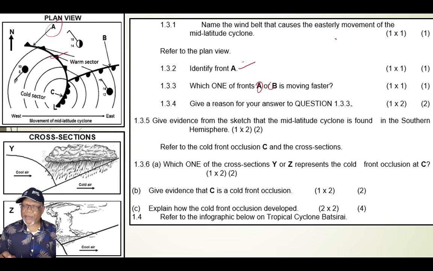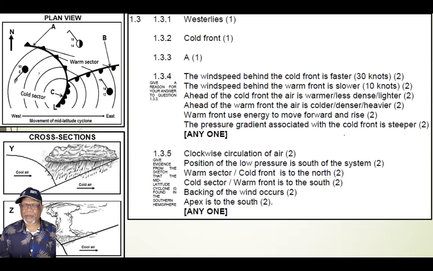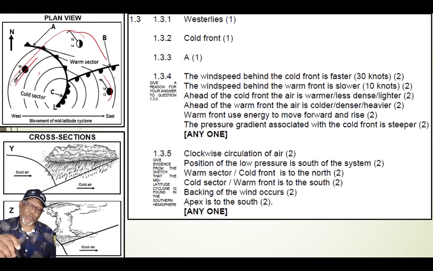1.3.5. Give evidence from the sketch that the mid-latitude cyclone is found in the southern hemisphere. There is clockwise circulation. You can see air coming from that direction, air coming from that direction. When you join all these directions, it shows that there is clockwise circulation. The position of the low pressure is south of the system.